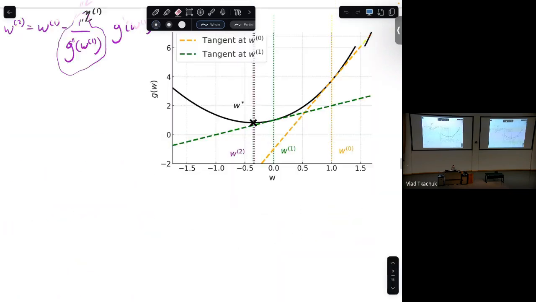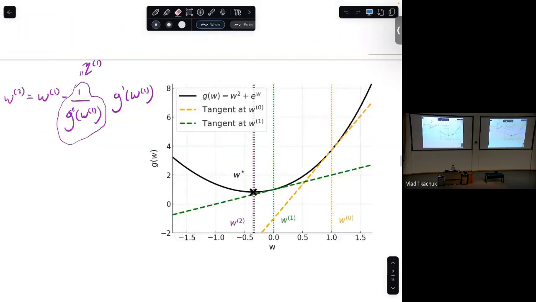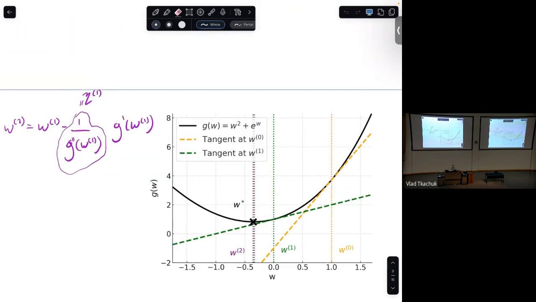We'll do this through a picture of optimizing the following function. Let's remind ourselves of what all these lines were. We had this black function, and it's convex, so it has just one minimum; the local minimum is the global minimum.